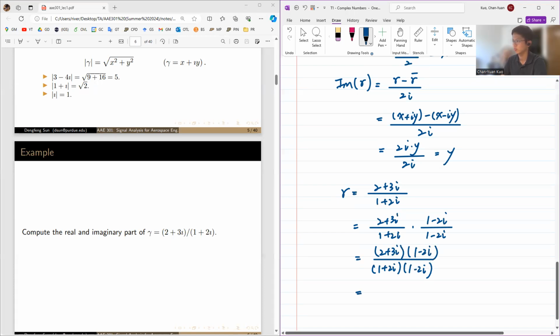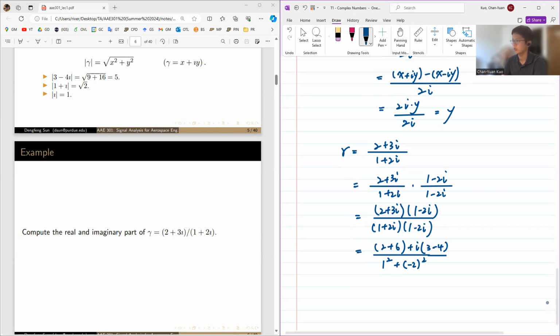So this is going to be 1 squared plus negative 2 squared in the denominator, and the upper part will be 2 plus 6 plus i times 3 minus, oops.